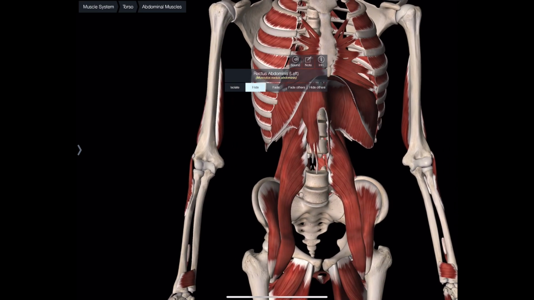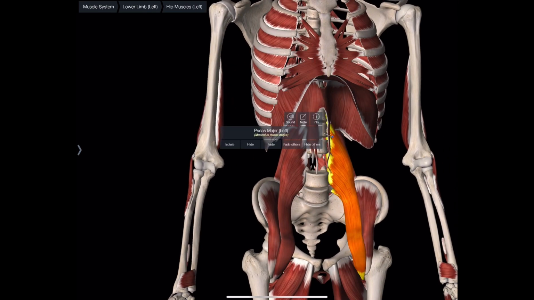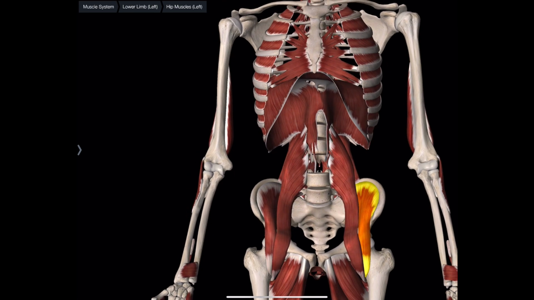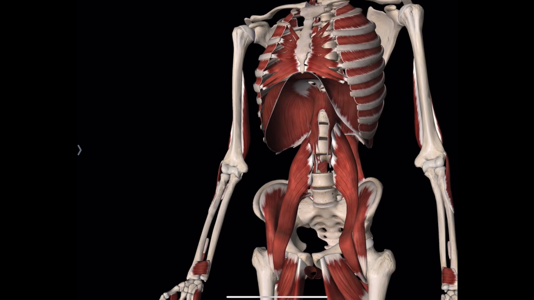From the front, you've got the psoas and the iliacus, making the iliopsoas common tendon. That's a muscle that crosses many articulations: the lumbar spine, the SI joint, the hip. So that's a muscle that can become tight and can become a source of pain in the lumbar spine.